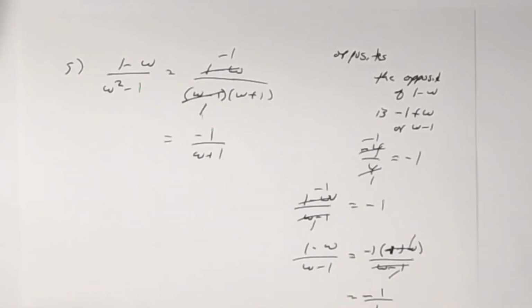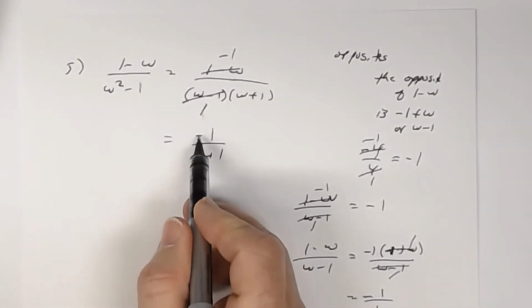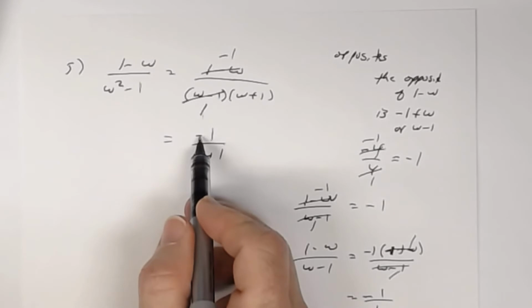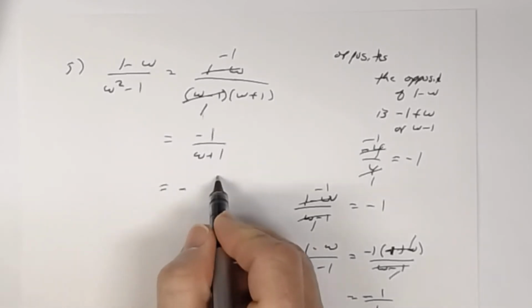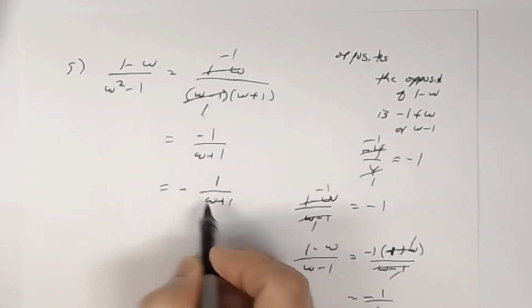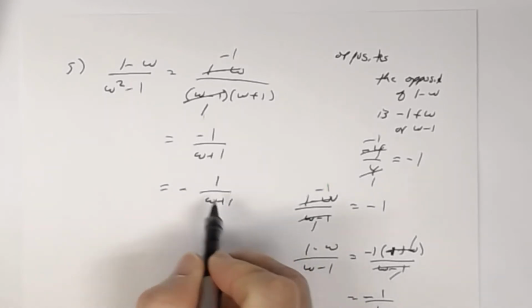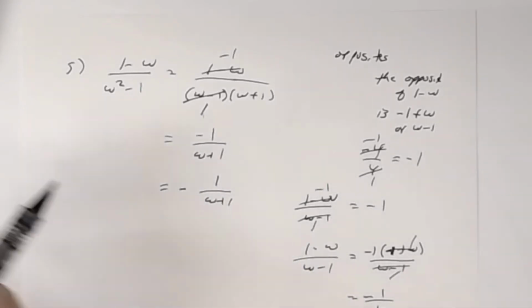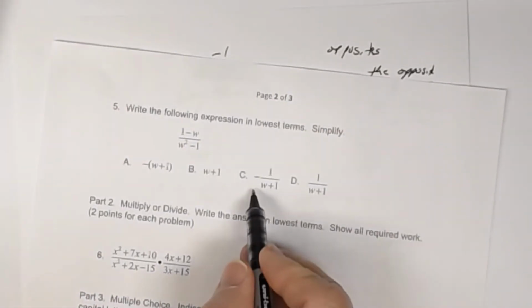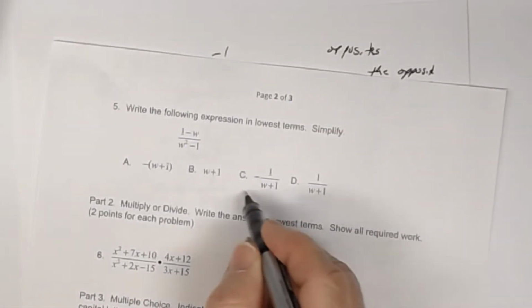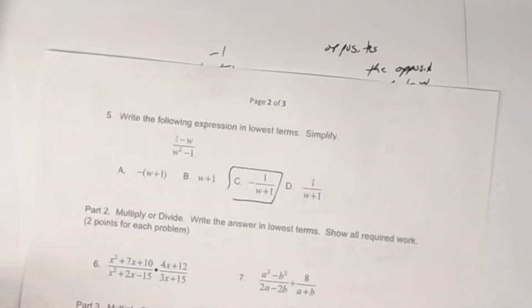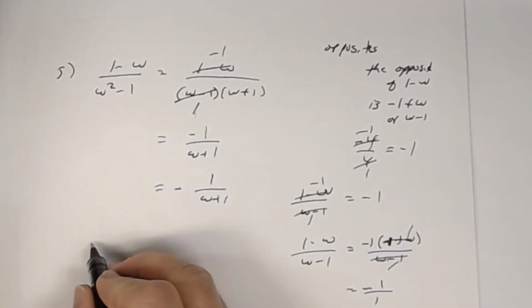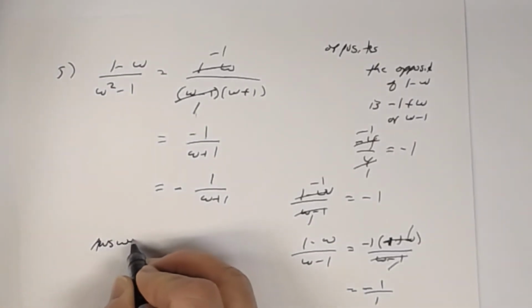If you want to, you can rewrite this as negative and then 1 divided by w plus 1, where you have the negative in front of that fraction. So this means the same thing as this. And so that would be choice C. See where the negative's out in front? So the answer for number 5 is C.